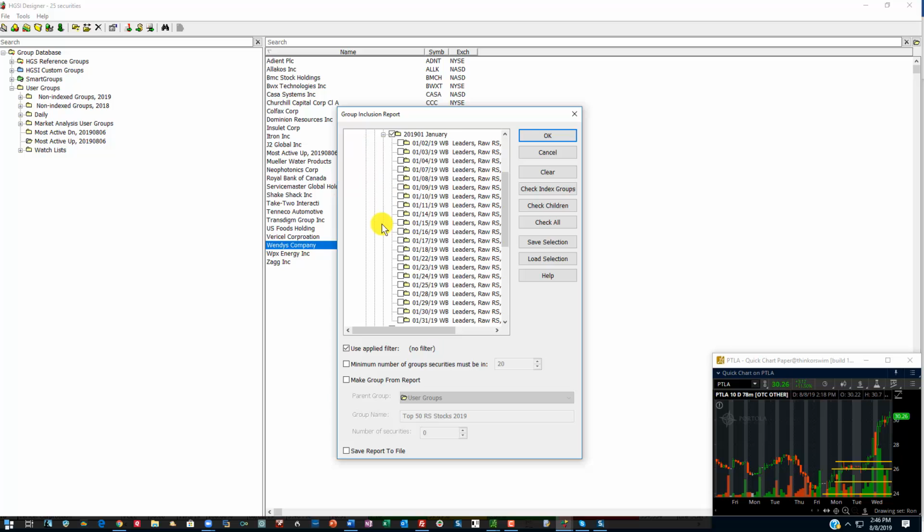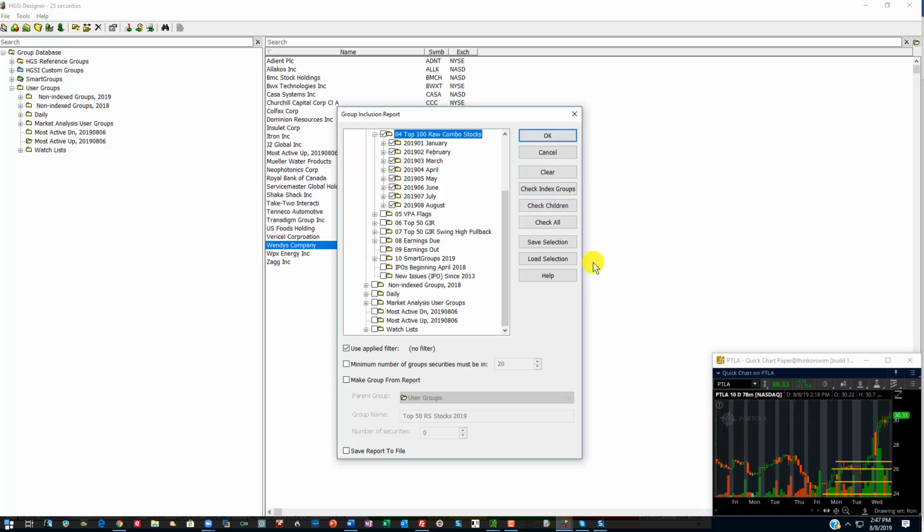If I open this up, notice that these are not checked. If I click on check children, these are checked. The daily raw combo groups are now checked. And I'm not using a filter because I don't have a filter here. And I'm just going to run this.